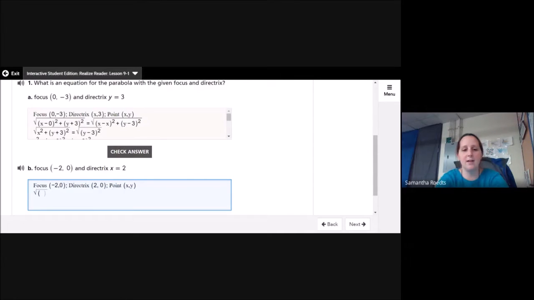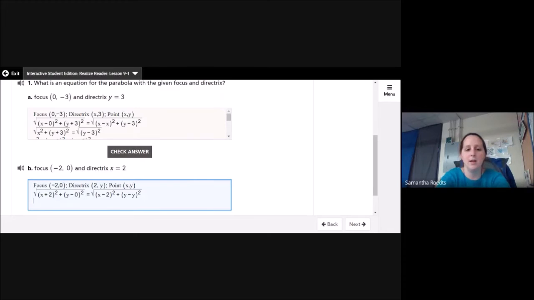So I have x minus negative 2, which becomes plus 2, squared, plus y minus 0 squared, equals the square root of x minus 2 squared, plus y minus y. Oops, sorry.